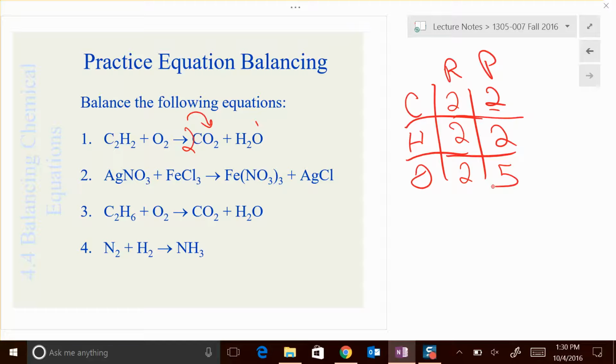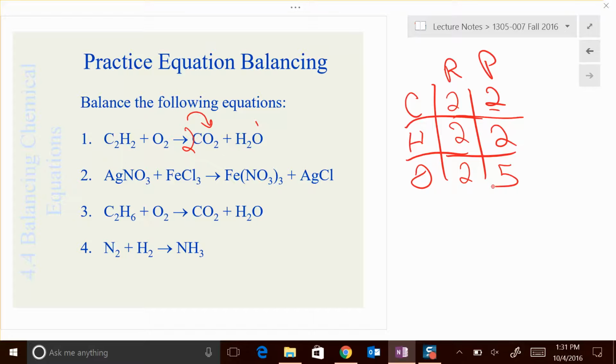So what coefficient do I need in front of oxygen O2 so that I can balance them? What times 2 is 5? Like 1.5. 2 times 2 is 4. 2 times 3 is 6.